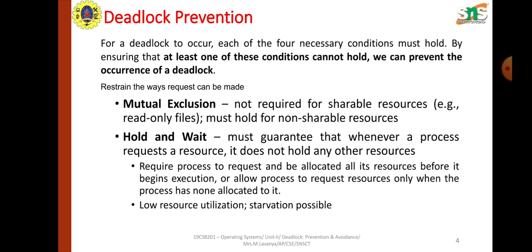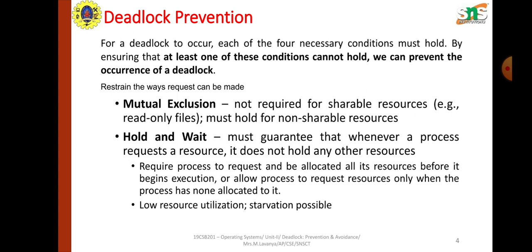For example, if a process is requesting 10 resources, continuously requesting resources and holding them, and preventing resources from being allocated to other processes, then all the resources will get stacked on that same process itself. This is a worst case for allocation of resources in a system. So we must avoid that hold and wait.